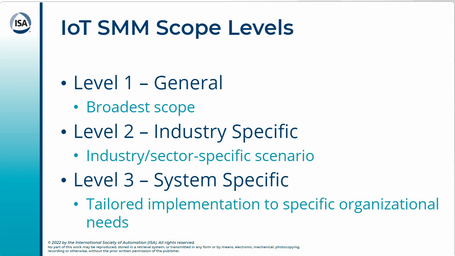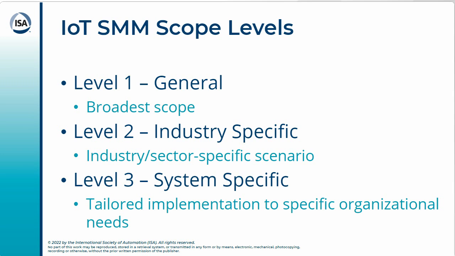Now, in addition to the comprehensiveness levels, BSMM also defines scope levels. And one of the things they found is that there may be requirements that may be applied to, say, only certain industries, or maybe you get down into actually being able to say that there are application-specific requirements.